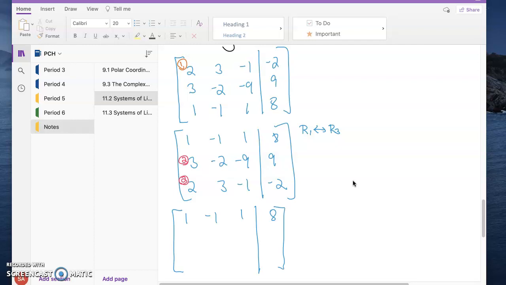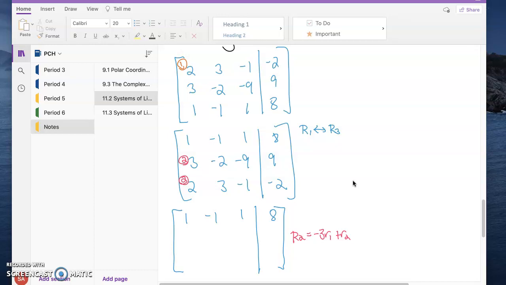So when I'm trying to get zeros, I'm going to use the one that I already got. I'm going to create a new row 2 by multiplying row 1 by -3 and adding it to the old row 2.